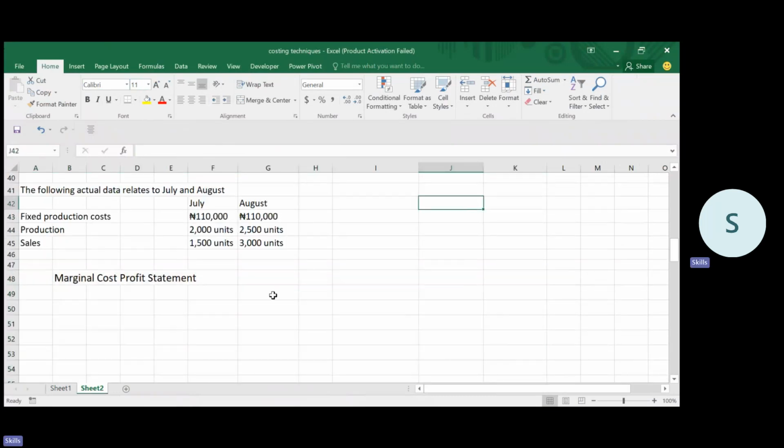So now the first thing is the sales. That always comes first. And the sales is for 2 months. We have July and August sales.